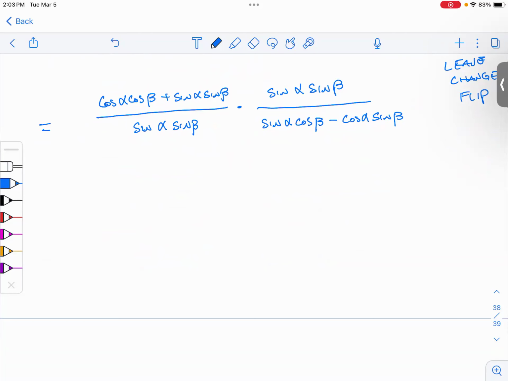So putting it under one denominator and then leave, change, flip. And again, I did that in one step. If you need to go slower, you can definitely go slower there. But that just happens to be something where we can see what's happening. And then what do we see here?